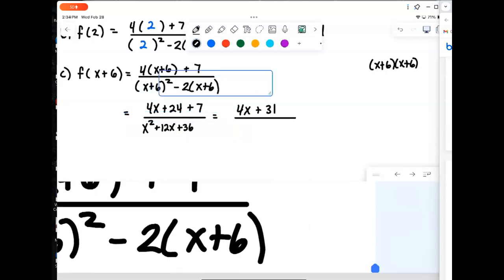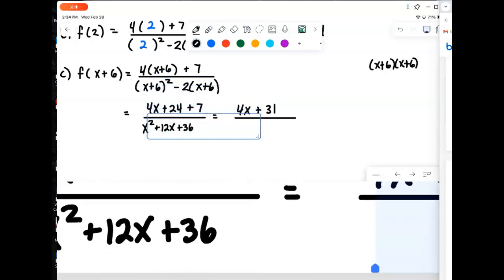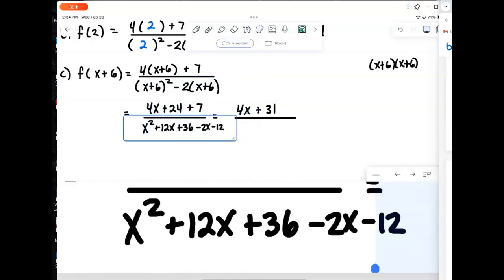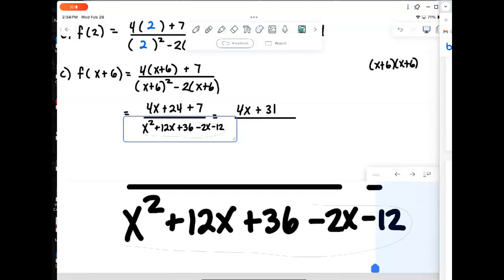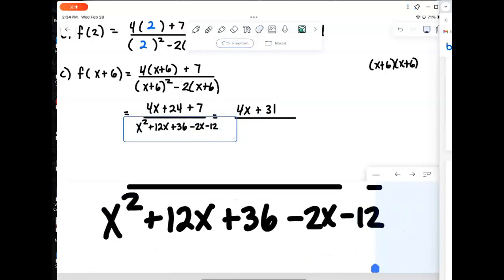And then we have the second part here, minus 2 times x plus 6. So minus 2x and minus 12. And I'm just going to, in my case, slide that back just a little bit.